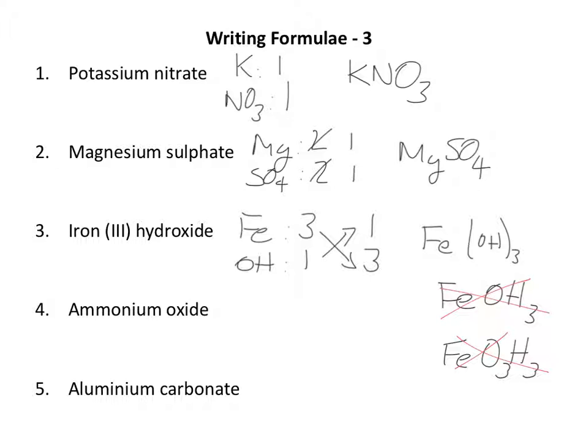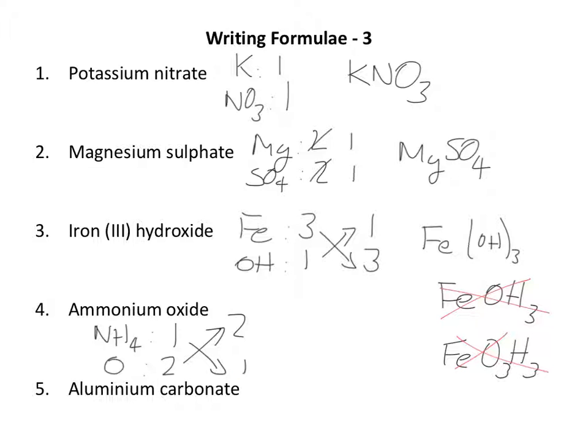Let's see. Right, so ammonium on the valency table has a valency of 1, and oxide has a valency of 2. We swap them over. So we're going to have 2 ammoniums and 1 oxide.